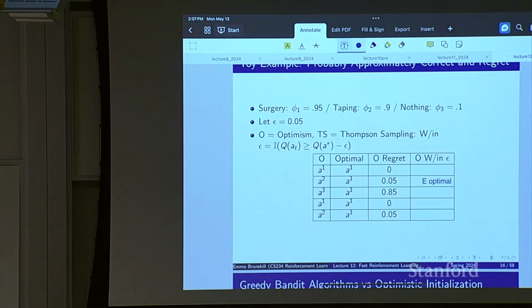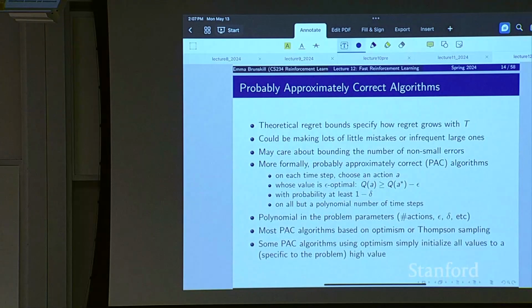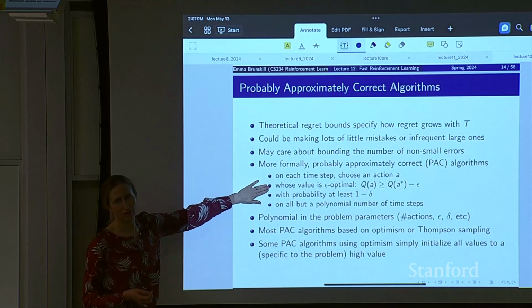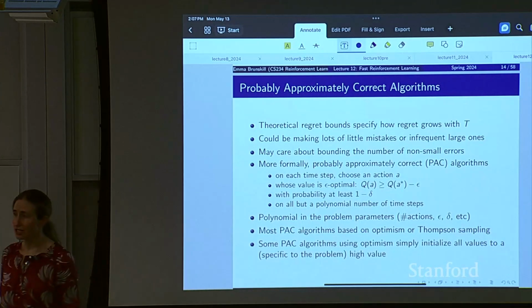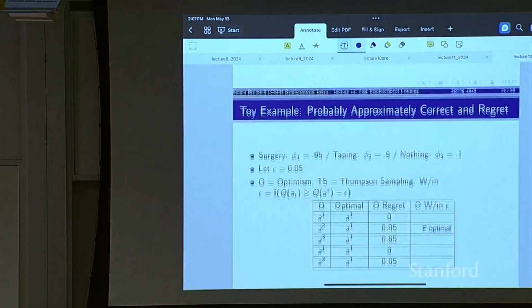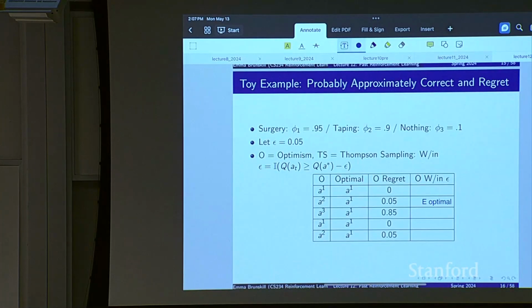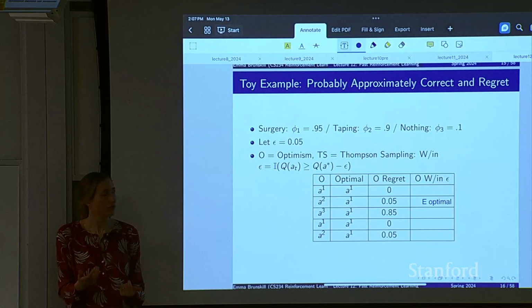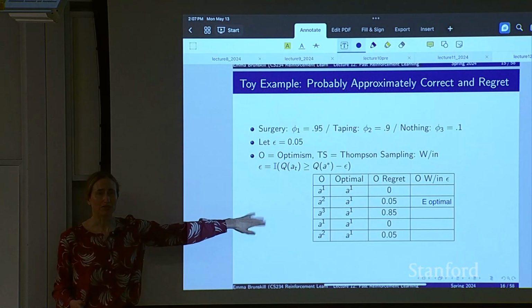So when we talk about this PAC definition of counting up the number of time steps we don't make a really good decision, the only decisions that would count in this setting are the A3 decisions. In contrast, when we talk about regret, anything that's suboptimal counts. So you get penalized for all the A2 decisions.